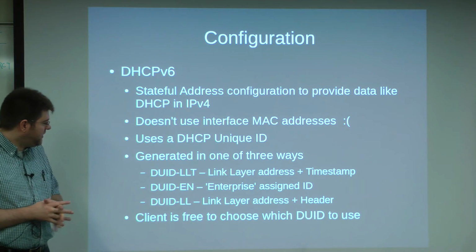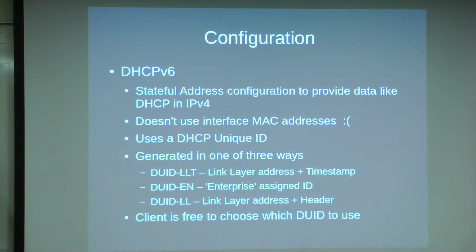Then there's the DUID-EN. This one is just an enterprise-assigned ID. Enterprise, quote unquote. This one just has an ID and then a random string. Google Fiber actually uses this one on their network boxes.